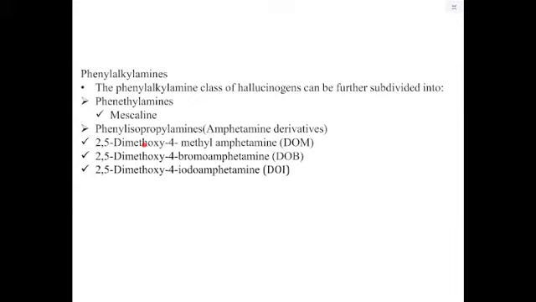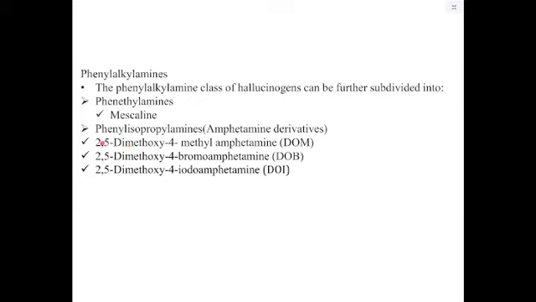So you can see again here the difference: for the hallucinogens, we can have 2 to 3 methoxy groups on the benzene ring with increase in activity.